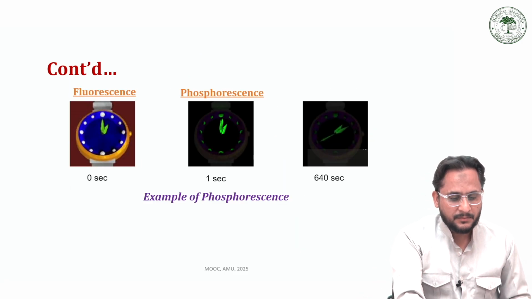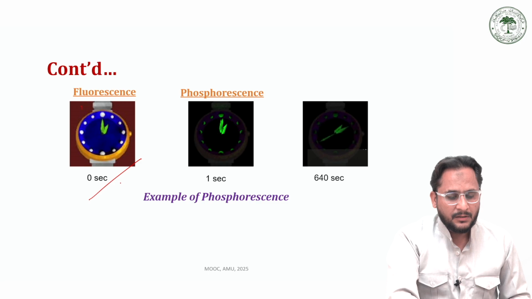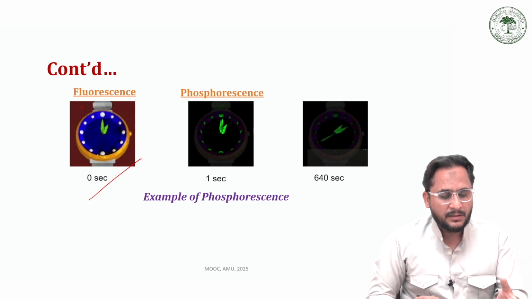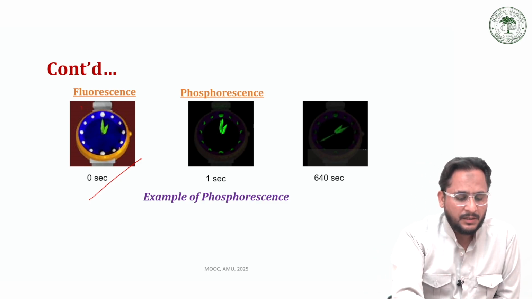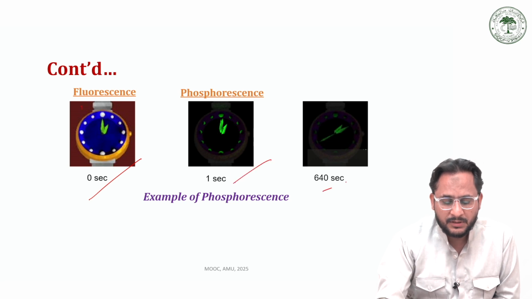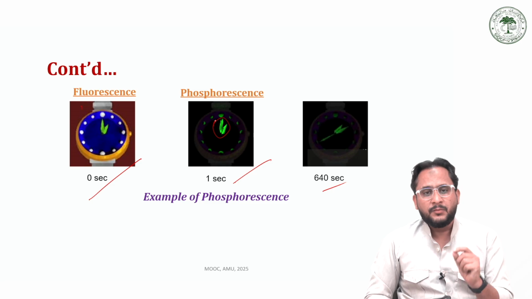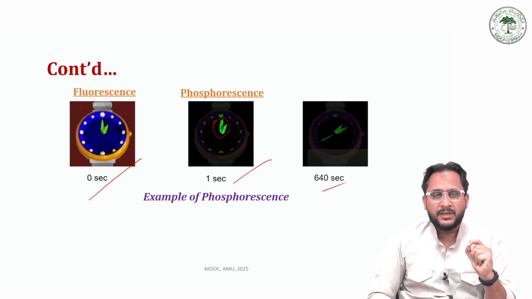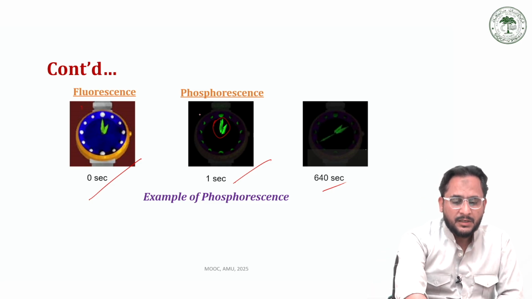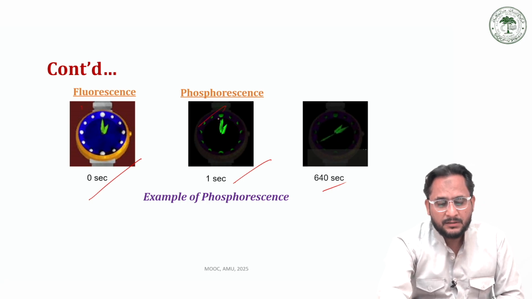These figures show the phenomena of fluorescence and phosphorescence. In fluorescence, a substance showing fluorescence looks like this, while in case of phosphorescence, it is dark and very little portion is being illuminated.